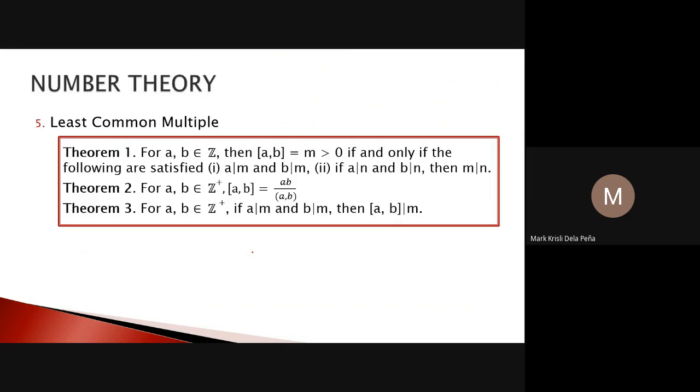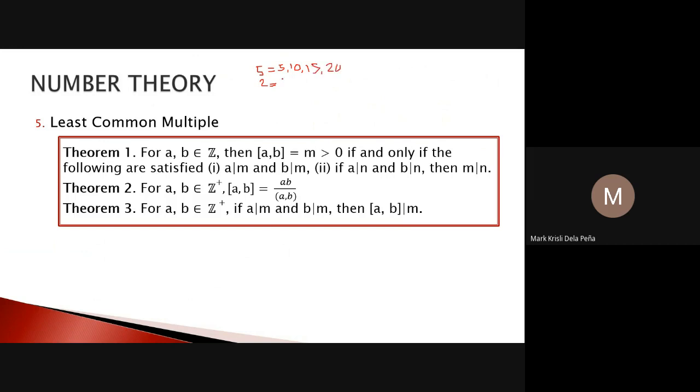Next, we have the least common multiple. When we say least common multiple, it is the smallest multiple that is common to two or more numbers. For example, if I have 5 and 2, let's list down the multiples of 5: 5 times 1 is 5, 5 times 2 is 10, 5 times 3 is 15, 5 times 4 is 20.